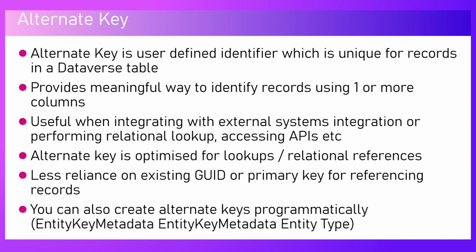So you will not be able to do an insert in your Dataverse table when you are migrating the records from your legacy system to Dataverse. For that, the alternate key plays an important role.